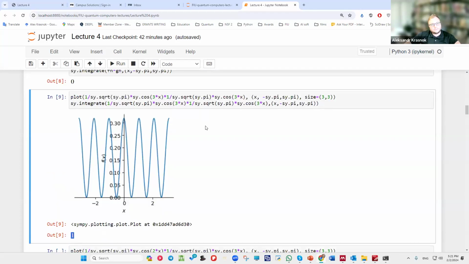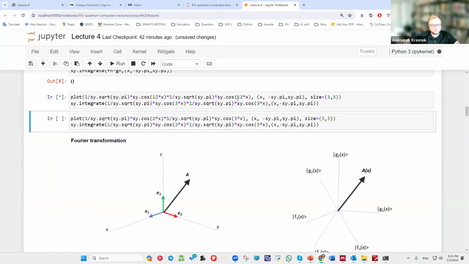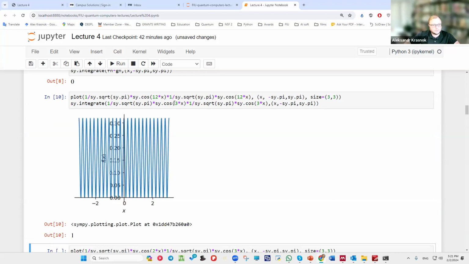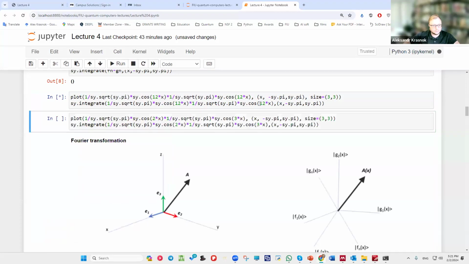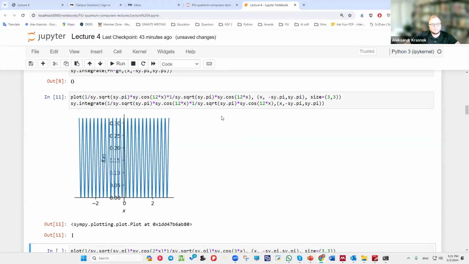In other words, it means that this function, cosine 3x, or cosine 12x, or any other, will also be equal to 1.